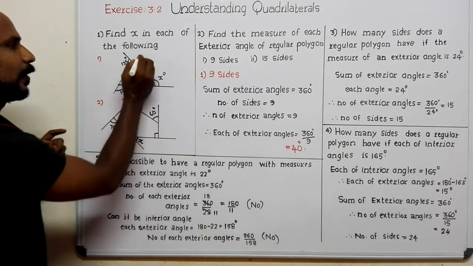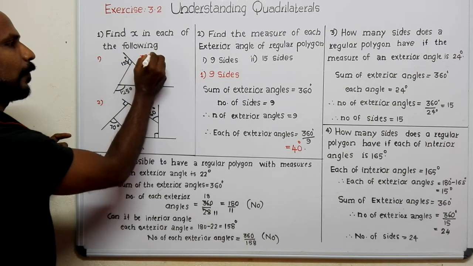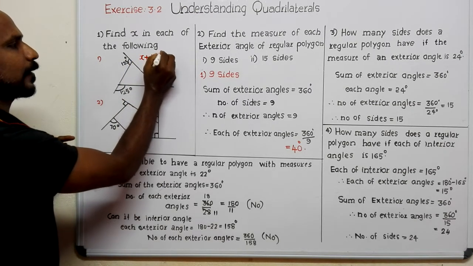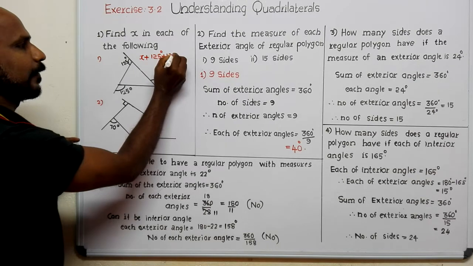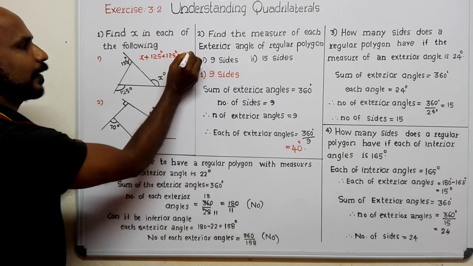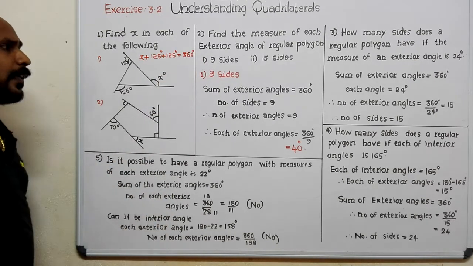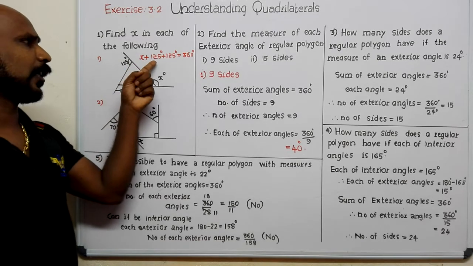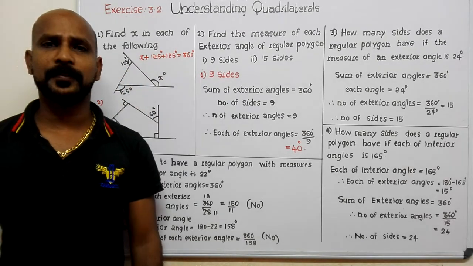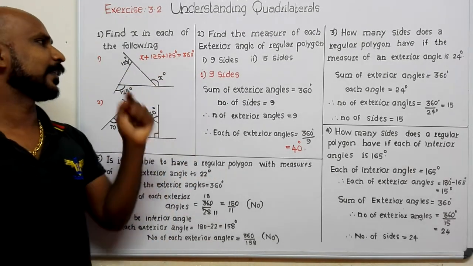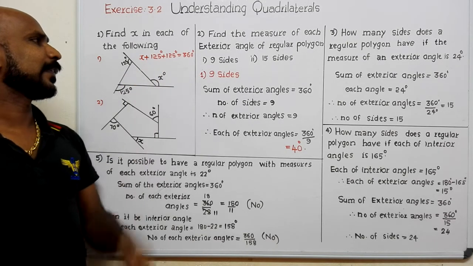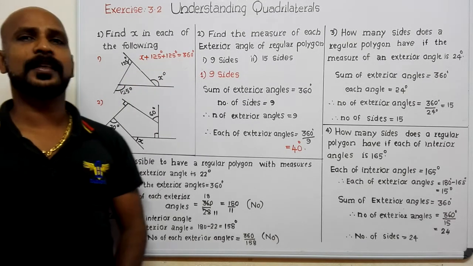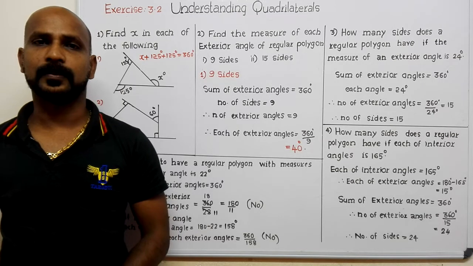So x plus 125 degrees plus 125 degrees is equal to 360 degrees. You can find out x plus 125 plus 125, 250, is equal to 360 degrees. Therefore x equals 360 minus 250 degrees. That is the answer.